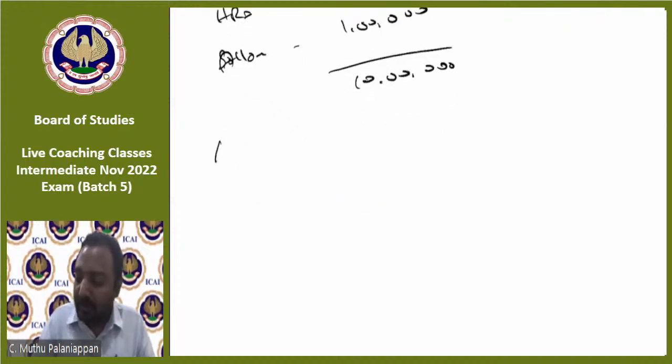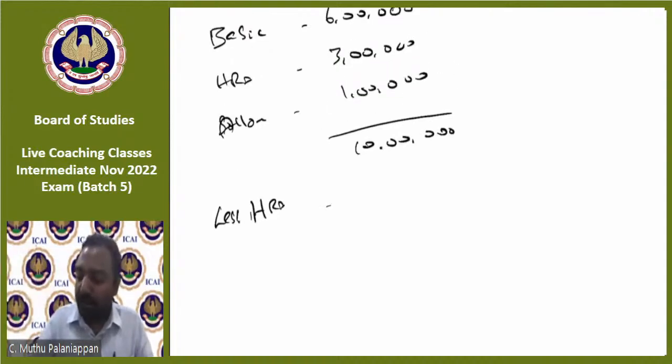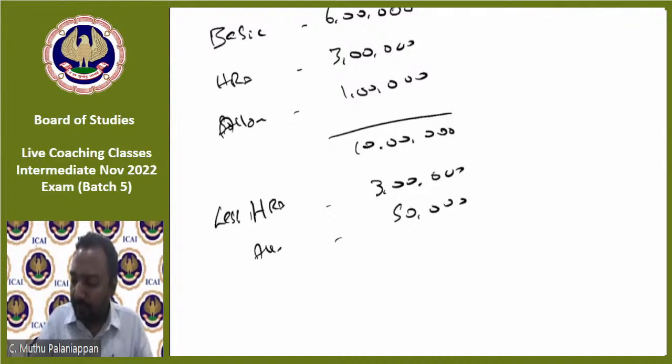In this, I will deduct the HRA eligible as deduction, right? Let's say I'm eligible for the entire 3 lakhs as deduction. And in the allowances of 1 lakh, let's say I am eligible for 50,000.